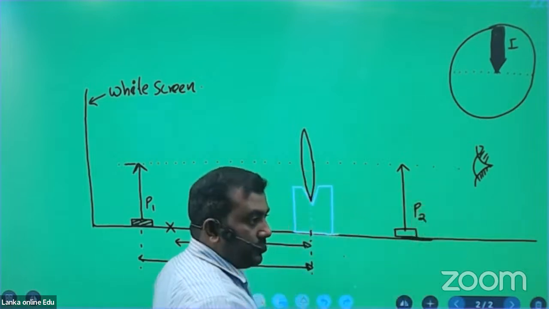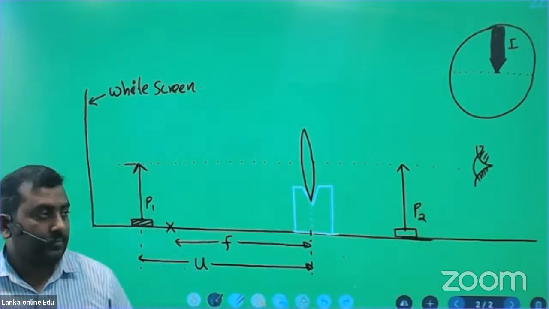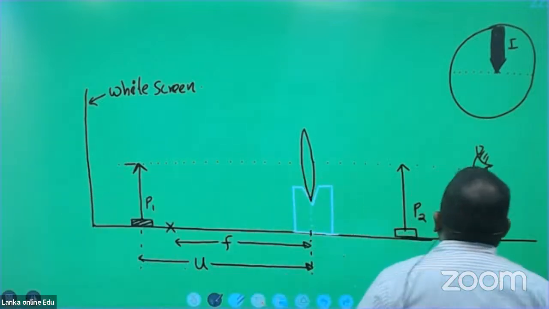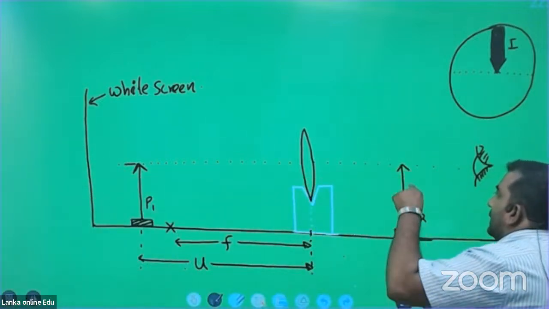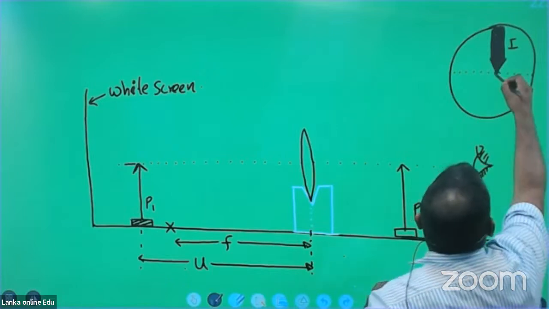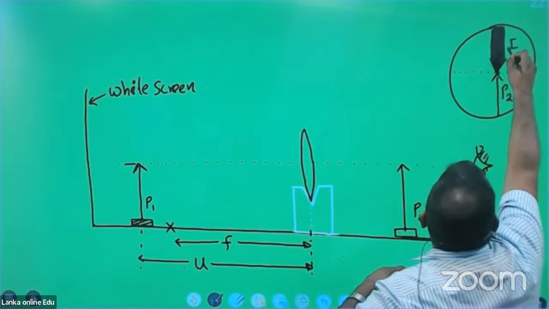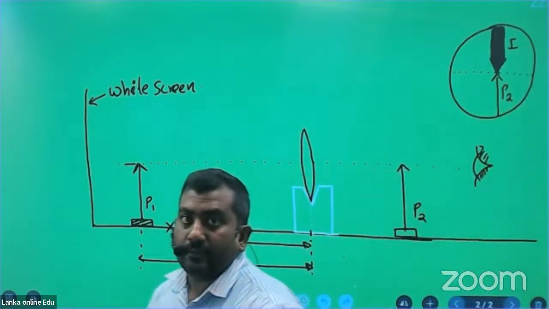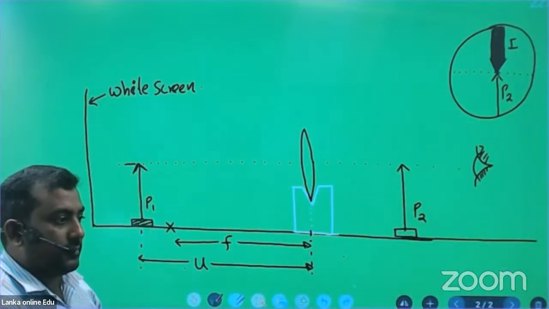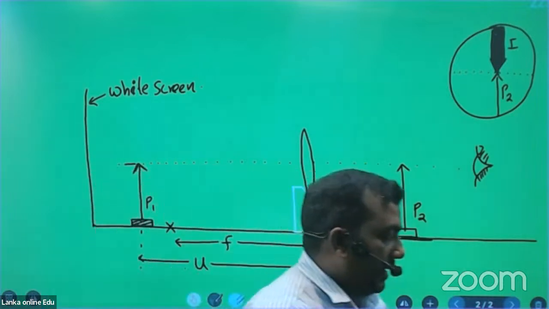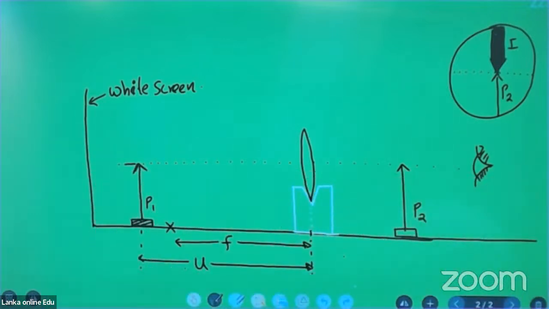Now somebody looking from this side can see this pin P2, and also we can see the image.